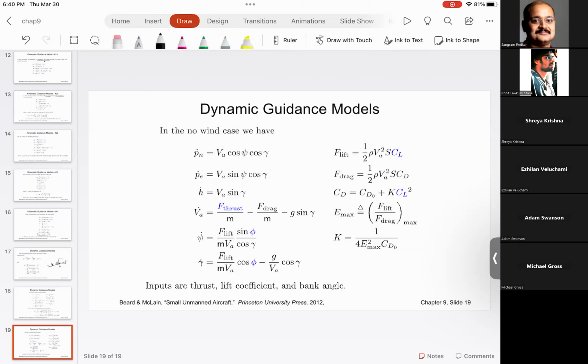Parasail UAV, the airframe cannot withstand wind. So you can actually start with a very simple dynamic guidance model, which is presented on this slide, and develop an autopilot rather than going to the complex wind models that are used inside the autopilot loop. So at bare minimum, these are the equations that we need to implement inside the autopilot.